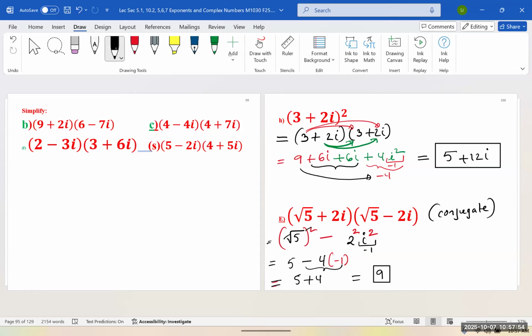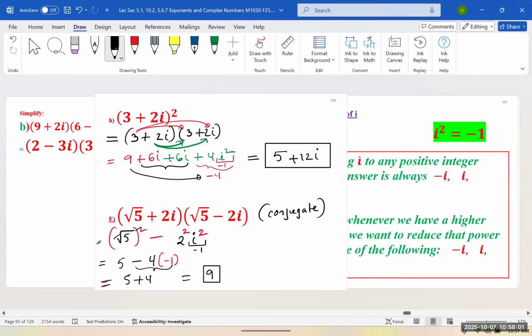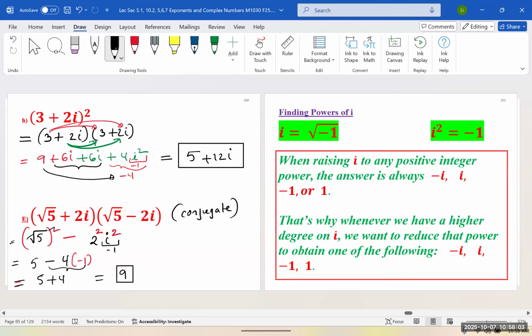So we learned how to add, subtract, multiply, divide imaginary numbers. Another last concept: how do you reduce the power on i? For example, when you have i squared, we never leave it alone. We always write -1.